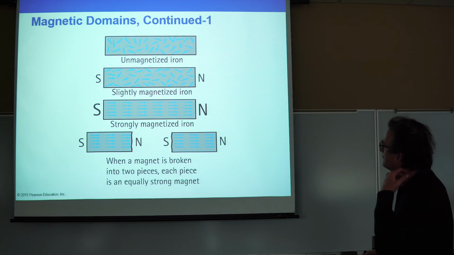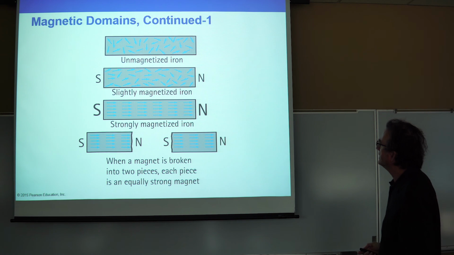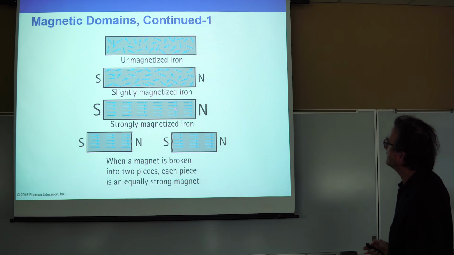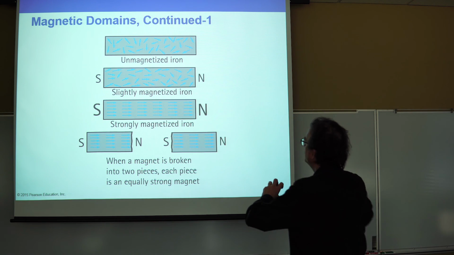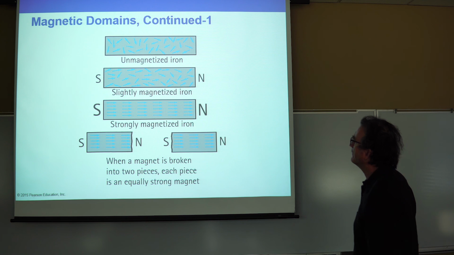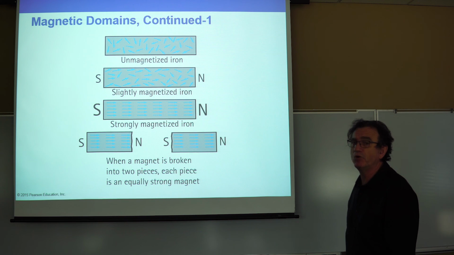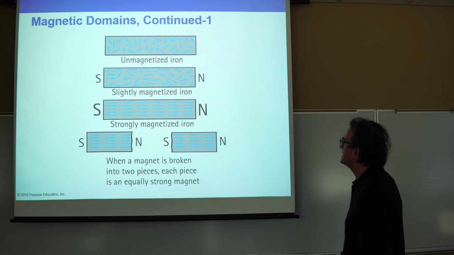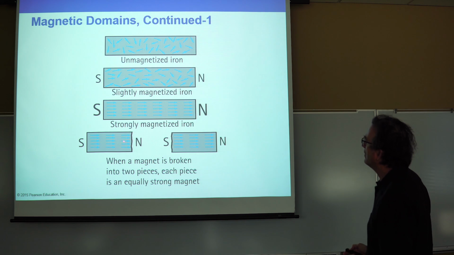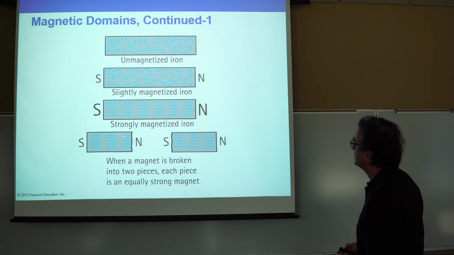But what's also finally interesting on this slide is that where we might think that by breaking this in half, I can take the South Pole and move it away from the North Pole, and therefore I could actually separate poles as I would with electric charges, something else happened. When I break it in half, all that happens is that the field lines that were originally going through to the other half are now still pointing in the same direction, but they're coming out into air.